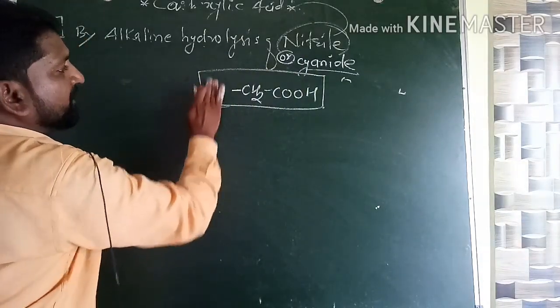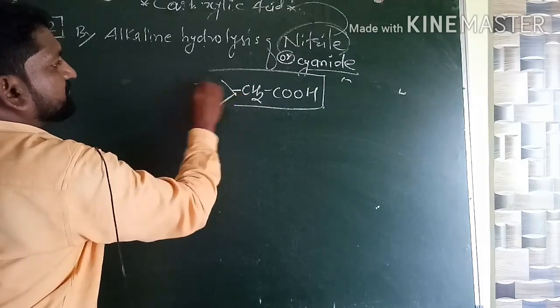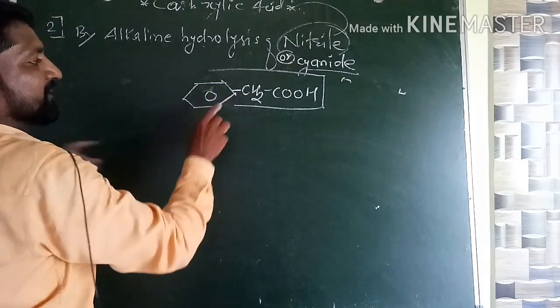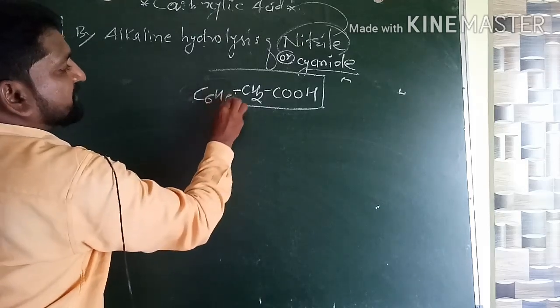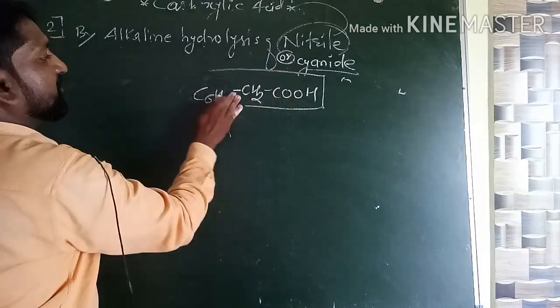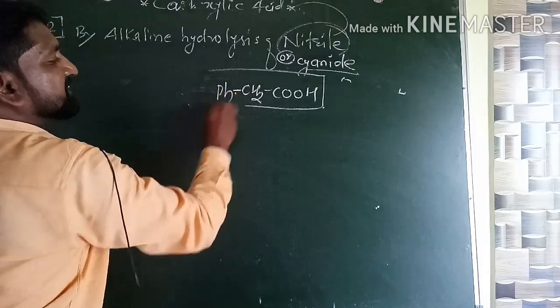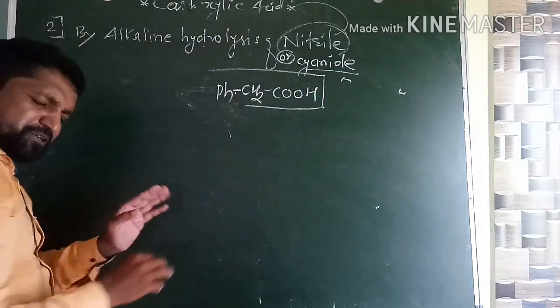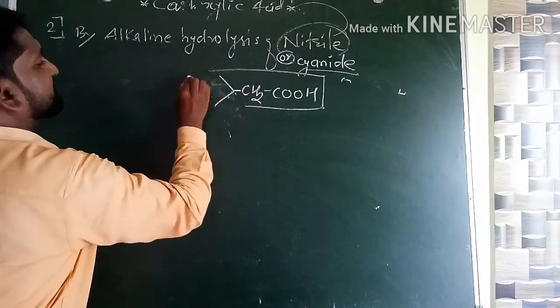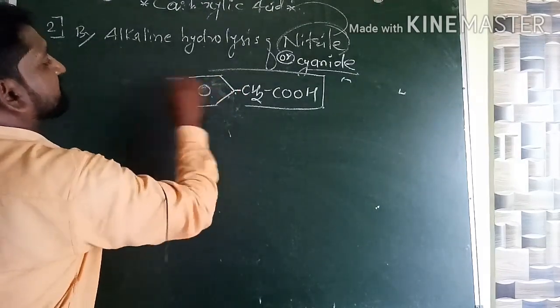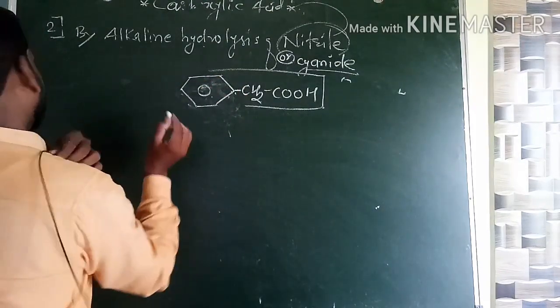This Ph is nothing but, you can write it like this. You can write C6H5 instead of that, still it is phenyl, or simply you can write Ph, still it is fine. So you must know the alteration. So finally, let us write such a structure. It appears good for viewers.